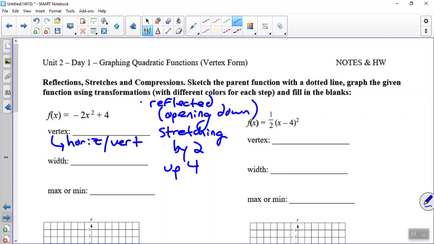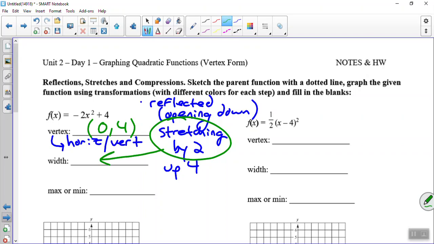Okay, so there's no horizontal shift here, just vertical, so it's moving up 4. So the new vertex is going to be 0, 4. Okay, width, that's just saying, are we stretching it or are we compressing it? So we're stretching it by 2. So we have that here.